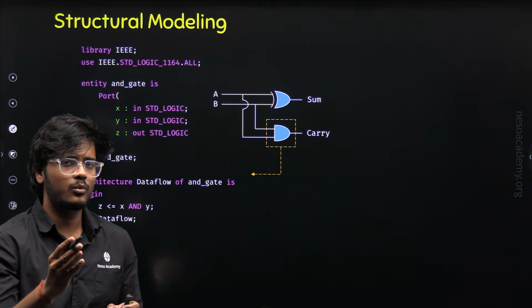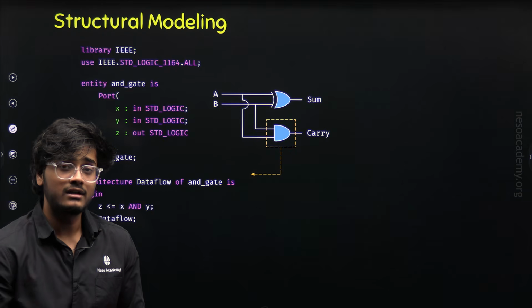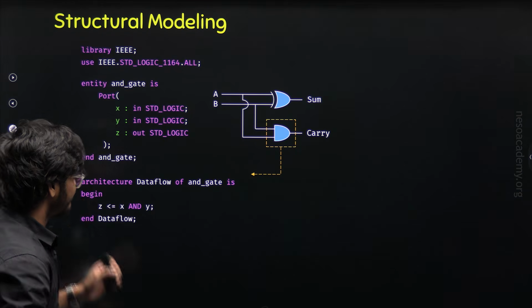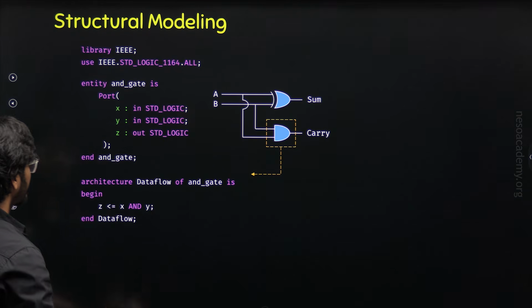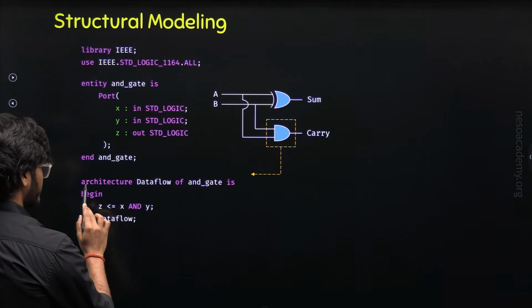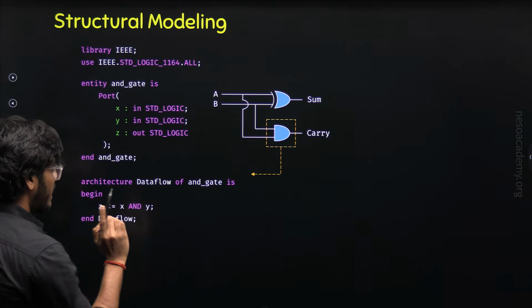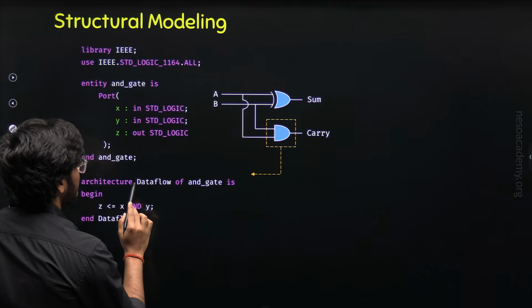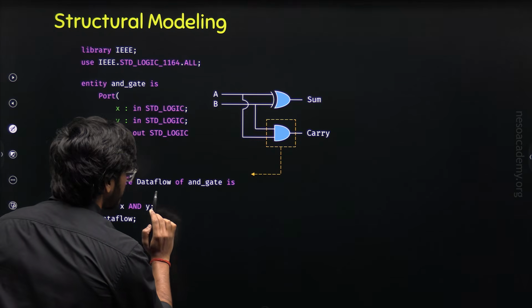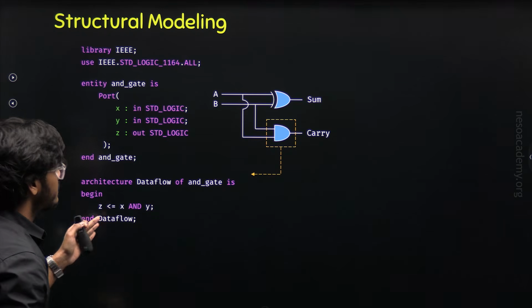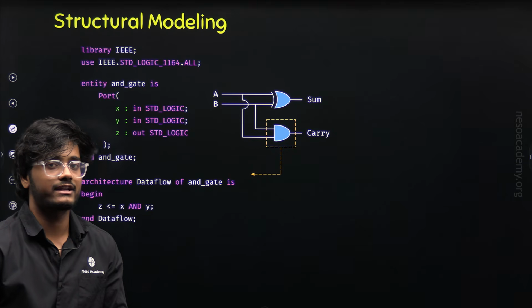After entity, what comes next? The important block, architecture. So here I am writing the architecture using the keyword architecture, and I am naming this architecture as dataflow, because here we are writing the dataflow architecture.